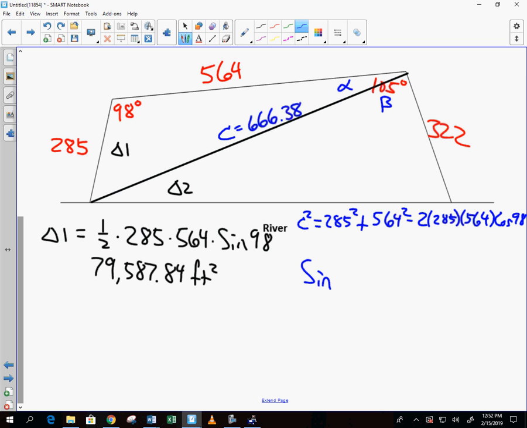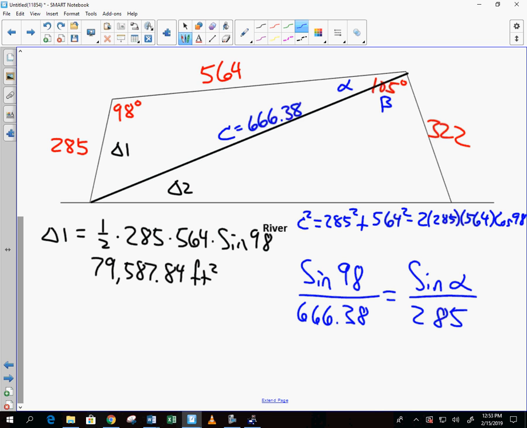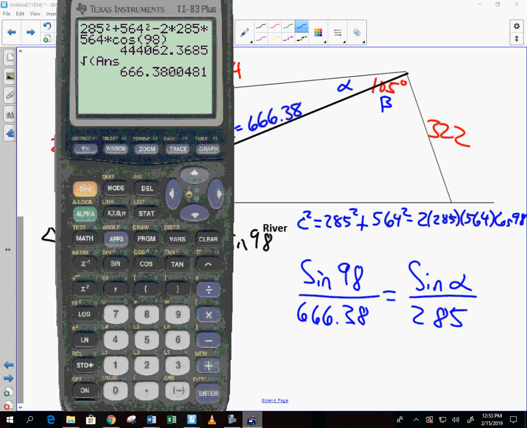So sine of alpha equals 285 sine of 98 divided by 666.38.